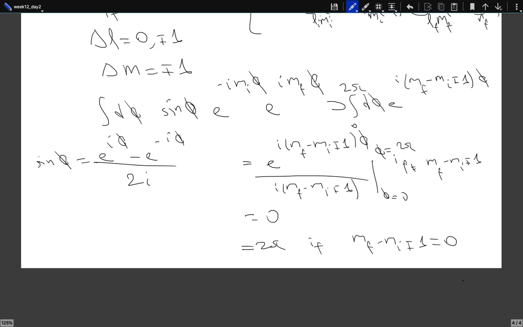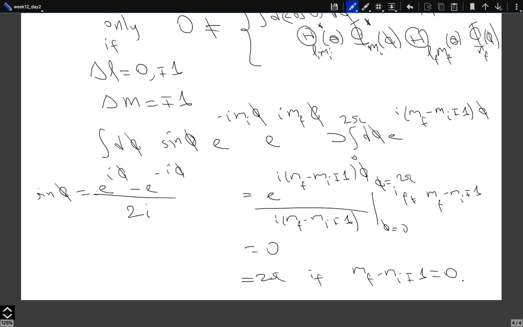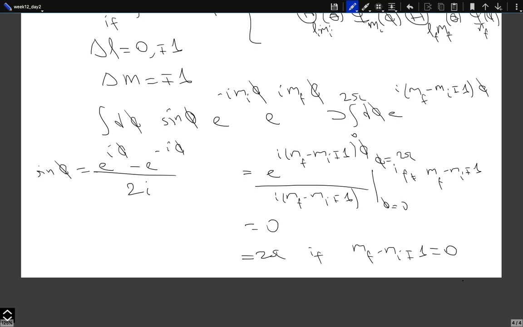So the component of the angular momentum of the electron in the direction of the photon should change by 1. That is actually this delta m equal to plus or minus 1. So you cannot have a transition which doesn't satisfy these conditions.